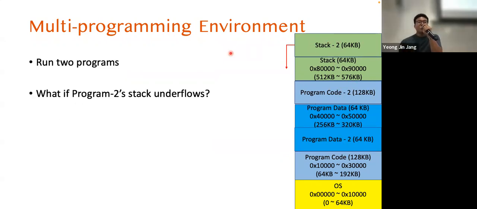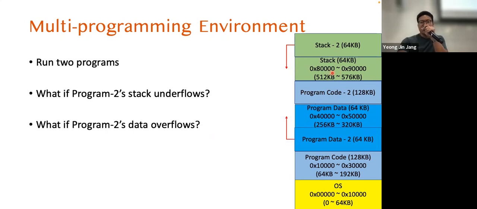But suppose in program two, the developer made a mistake. They used more memory on the stack than they were supposed to, then it will overwrite some of the stack of program one. Also, if program two's data overflows, then it may touch program one's data.